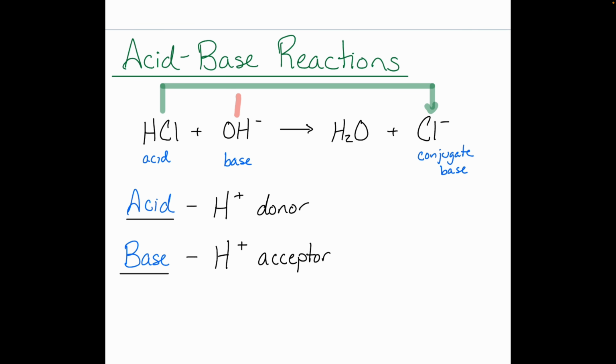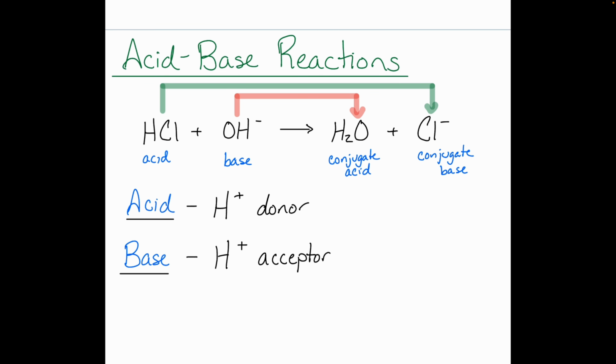And likewise, our base, once it does its job and accepts that proton, it becomes the conjugate acid. All right, so important definitions. Our acid is a proton donor. Our base is a proton acceptor. But also on our product side here, we have these terms. Our acid becomes the conjugate base, and our base becomes the conjugate acid.